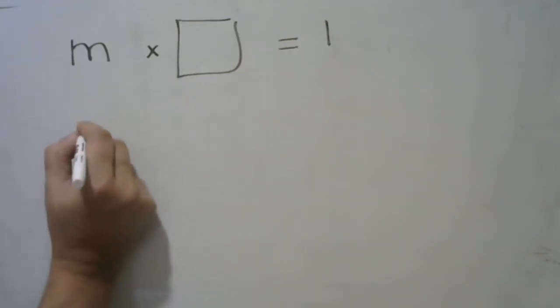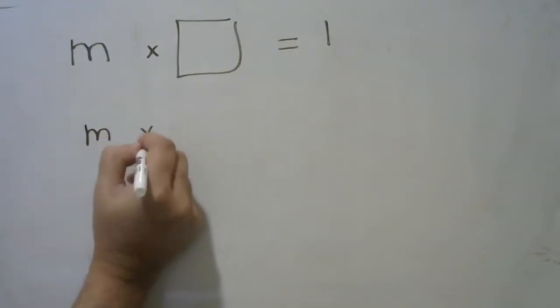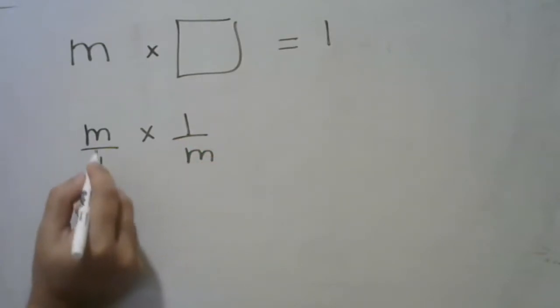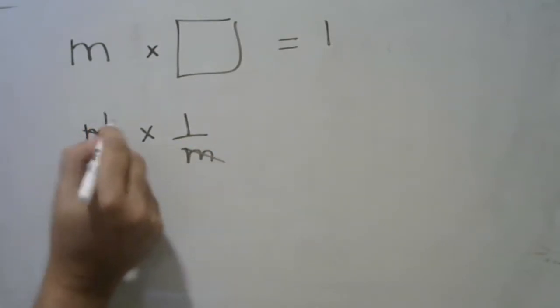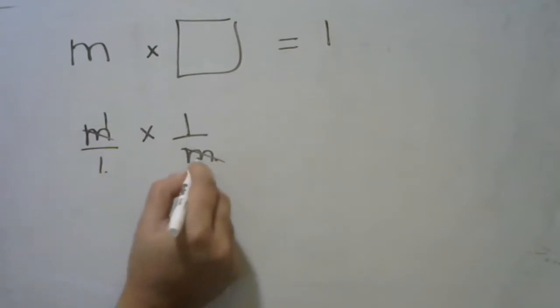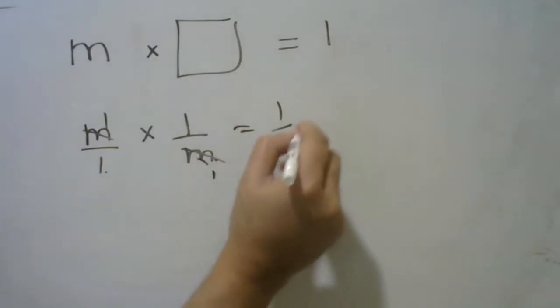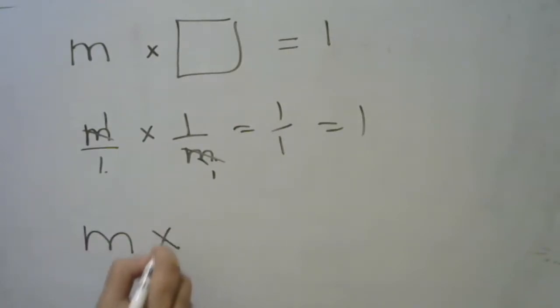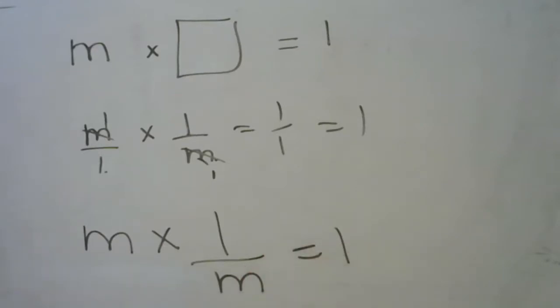Now, m multiplied by 1 upon m, right? This is going to cancel. So 1 by 1 is 1. So m multiplied by 1 upon m is equal to 1.